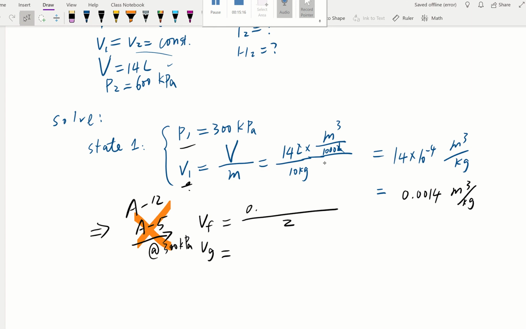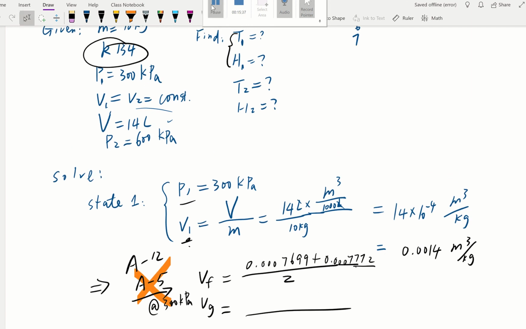VF is 0.0007699, and at 320, hopefully y'all look at the table, it's 0.0007772. All right, then VG is going to be the same thing. So go back to VG here, and we'll have VG 0.0.